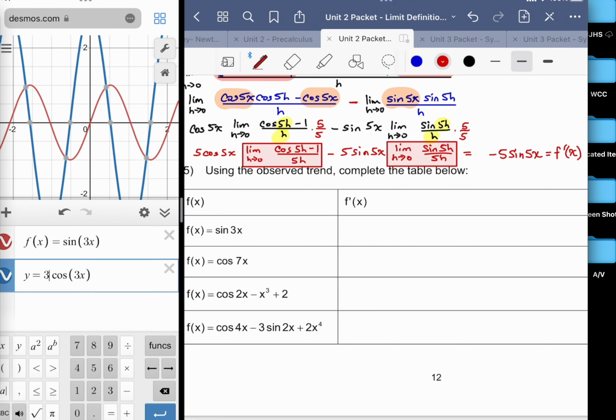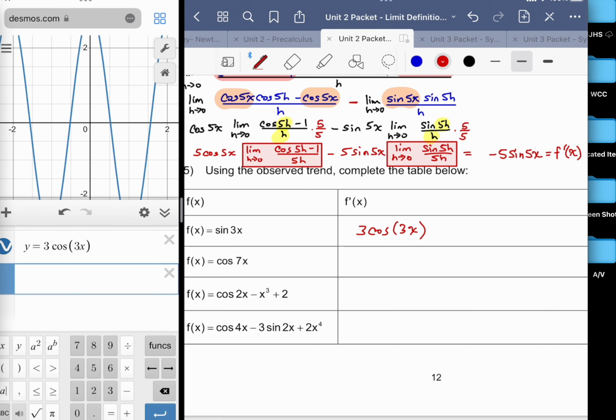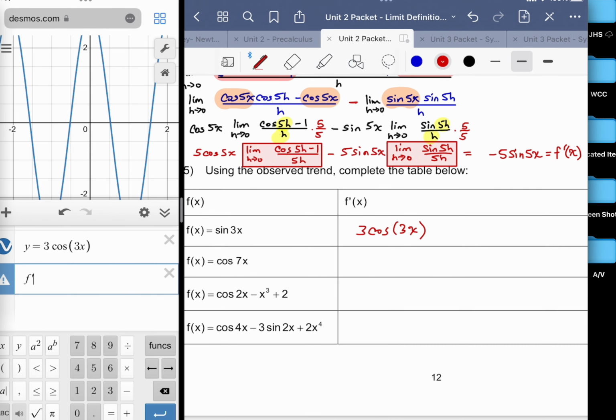Now the graph's messy, but I only really need to see what I think the derivative is. This is what I think the derivative is. I'll write it down. Let's see what Desmos thinks the derivative is. F prime of x, same graph.